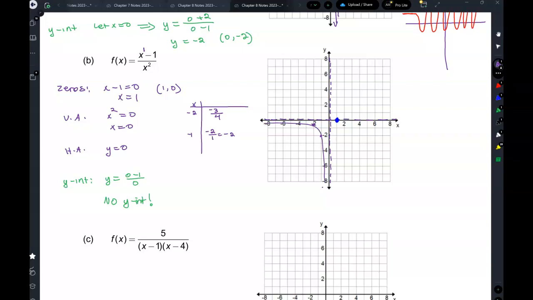This one has a little bit of a plot twist. Remember how I told you when it exits off from the bottom, it re-enters from the top? Except, you see this vertical asymptote of x equals 0? Where did it come from? It came from here.